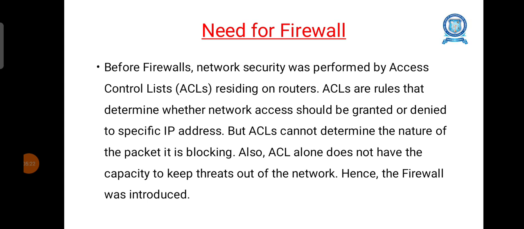Access control lists are rules that determine whether network access should be granted or denied to a specific IP address. But ACLs cannot determine the nature of the packet they are blocking. Also, ACLs alone do not have the capacity to keep threats out of the network. Hence, the firewall was introduced.